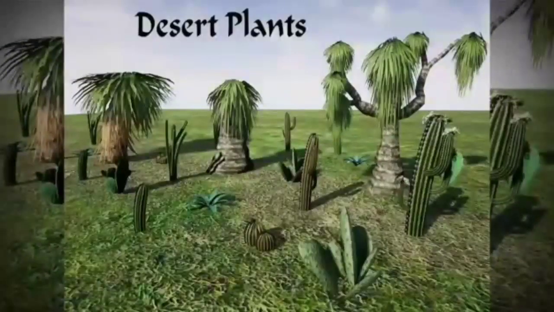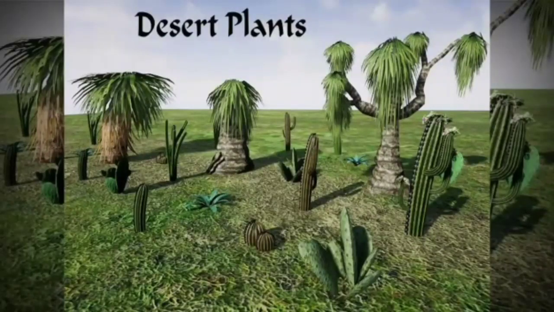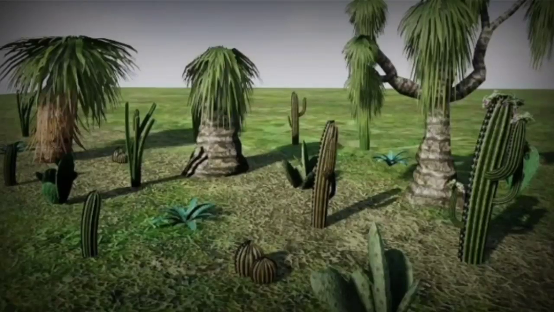Students, have you wondered how these plants are able to live in the desert without water? Yes, desert plants have special adaptations that help them survive in the dry environment. As we all know, what are adaptations?